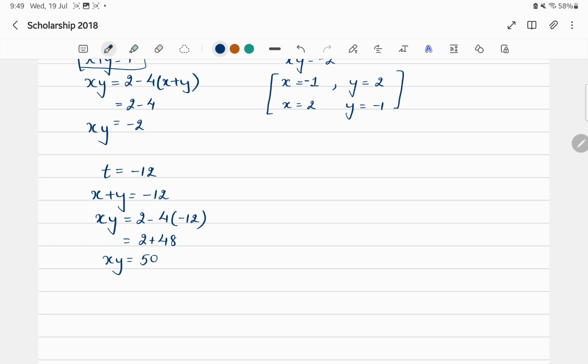So xy equals 50. Now we can't think of any possible combinations that when added give you minus 12 and when multiplied give you 50.